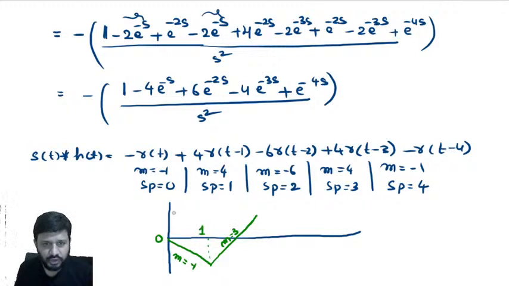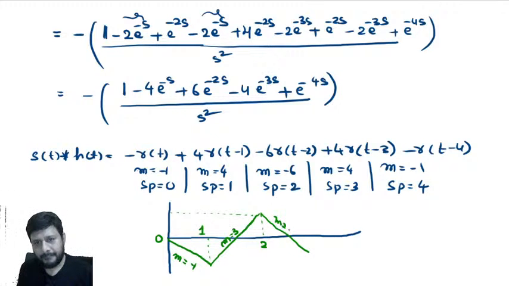Now this is going with the slope of 3. As this is going with the slope of 3, when it encountered the point 2, a slope of minus 6 is added. Resulting slope will become minus 3. As this is going with the slope of minus 3 now, when it encountered the point 3, a slope of plus 4 is added.